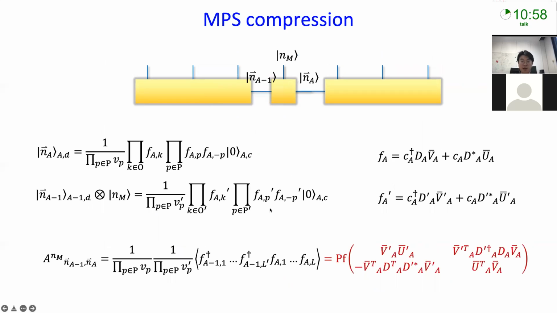So the overlap can be easily computed by using Wick's theorem, and the overlap is nothing but a function of this big matrix and these wave functions. And notice here we don't need any canonical form of the MPS, so we don't have to compute the MPS tensors step by step. And the calculation can be done in parallel. It means that if you have enough CPU cores, you can compute the entire MPS at the same time.